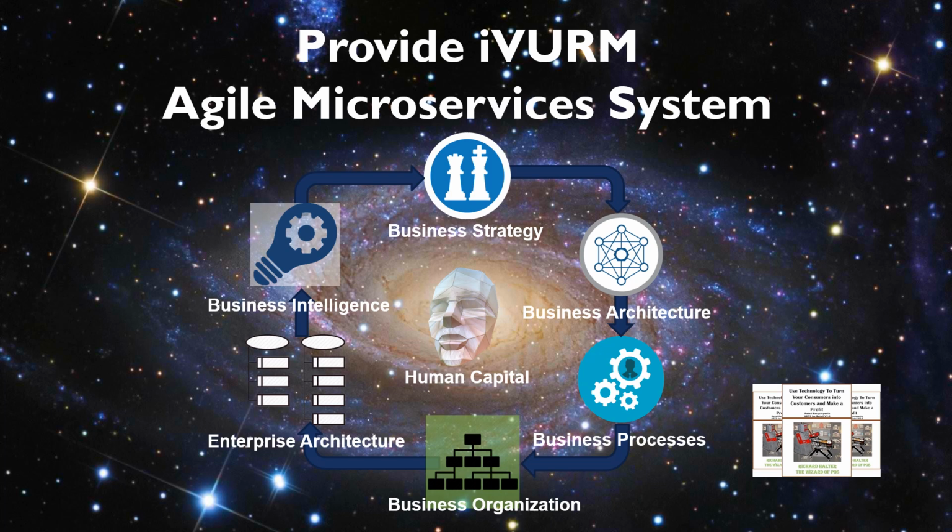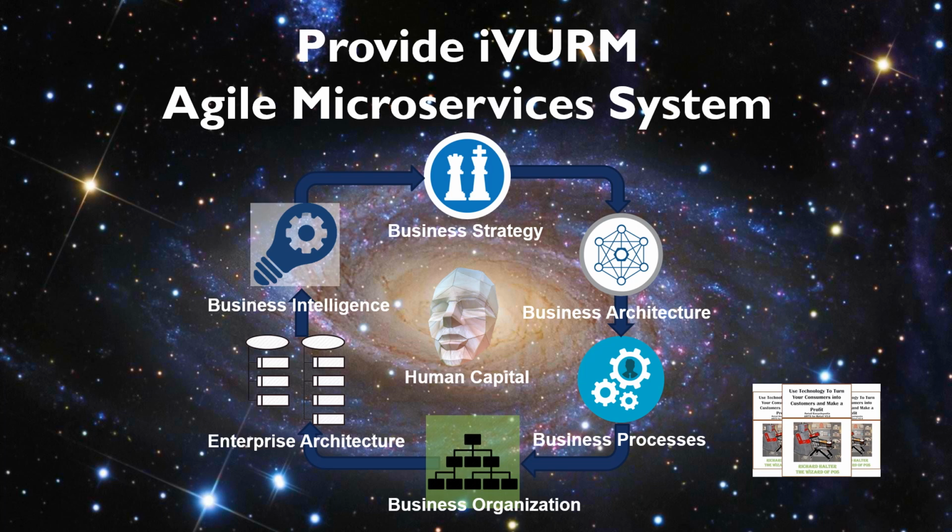So now that you have a technical architecture in place, you have to have a process architecture in place. And that also has to be based on this Agile microservices world. And that is the heart of the Interactive Virtual Unified Retail model, or the IVRM model. There's another video that goes into the details about each of this.